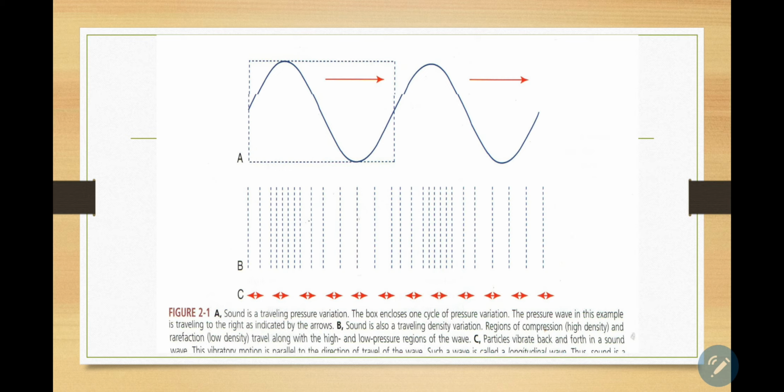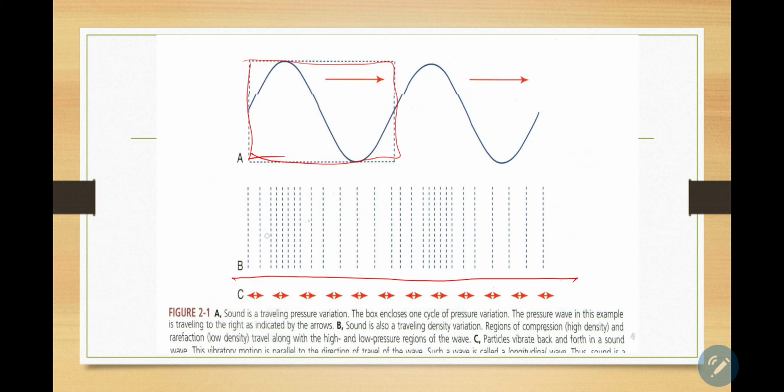Here I have a diagram of what a sound wave looks like, although I know you are already familiar with how it looks. The square presented in this diagram in letter A represents one complete cycle. Letter B is the representation of the molecules that can be present in the body or in the medium, at differing distances from each other.